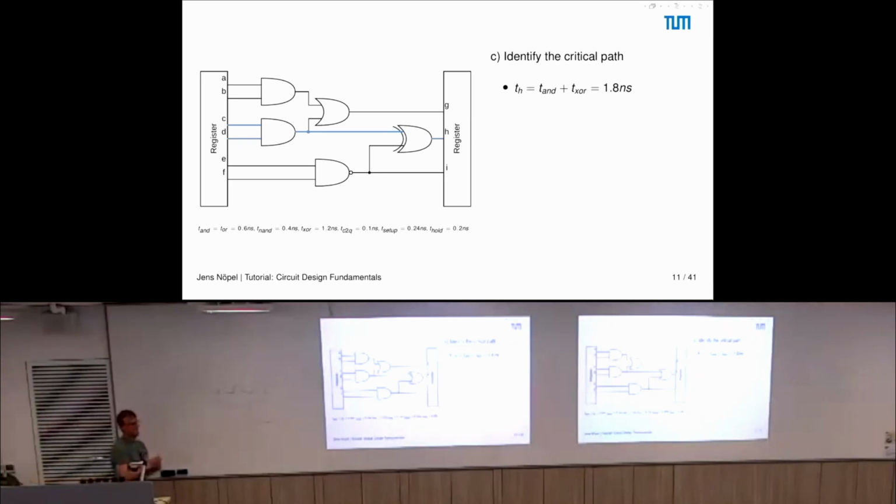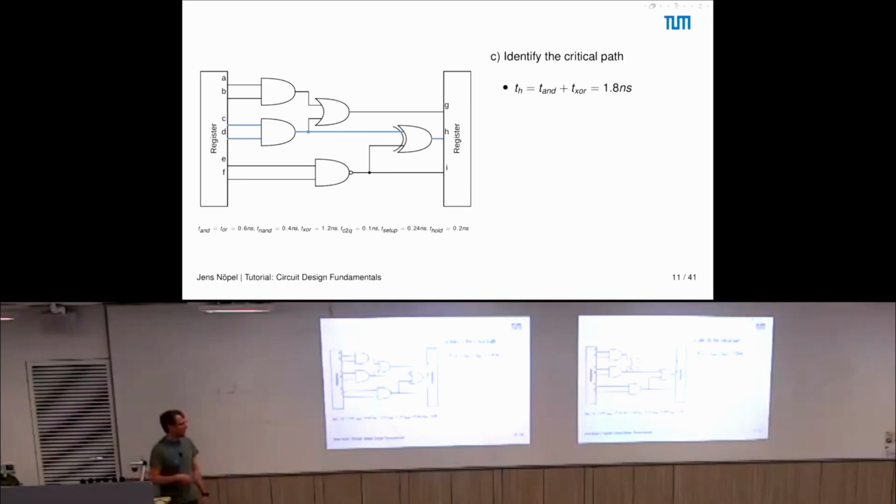All right. So I would shortly give another explanation of the setup time. So this is our register, right? So you have here a data input, and on the other side, we have our Q, right? And somewhere we have our clock that also needs to get into the register.